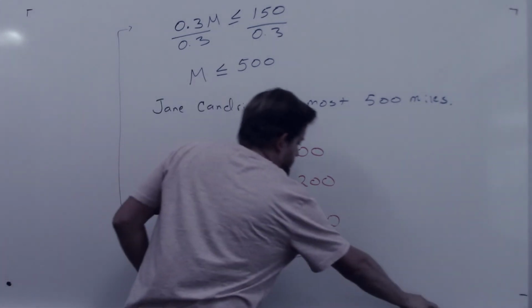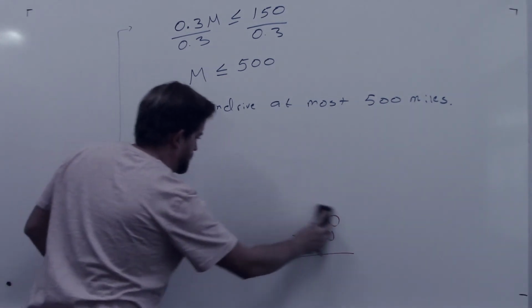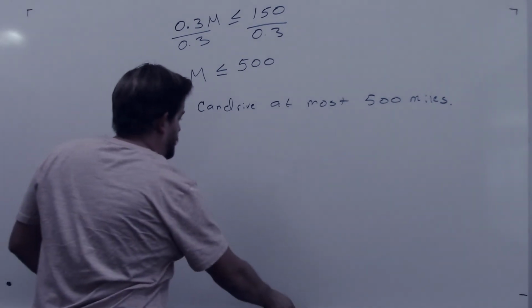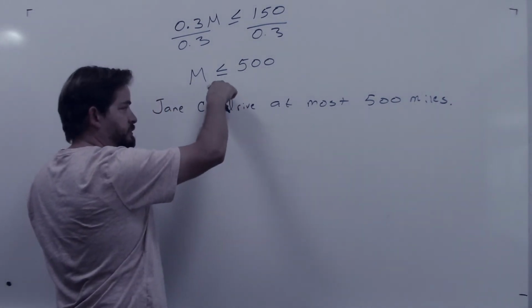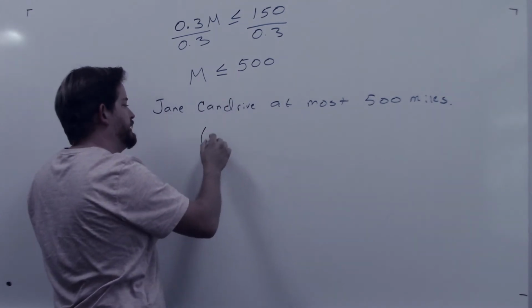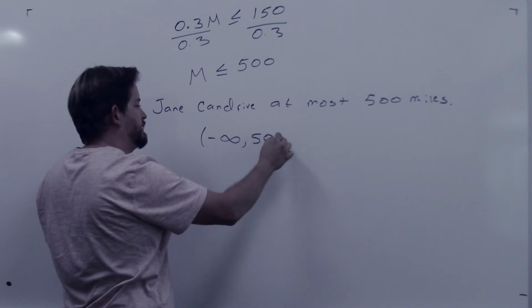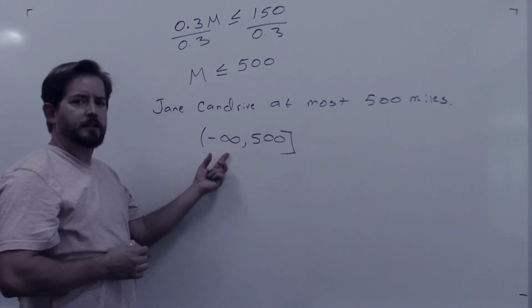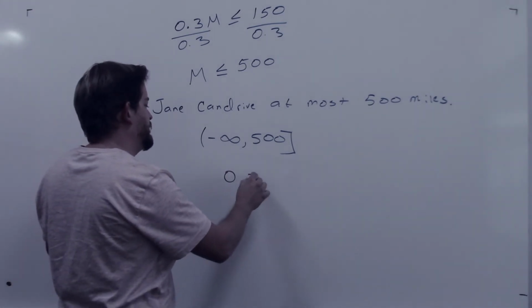If we wanted to write this in interval notation, we would write it typically, since strictly speaking we're less than 500, this is what we mean by that. But it doesn't, again, make sense to include these negatives. So in the real world application, we would say anywhere between 0 and 500.